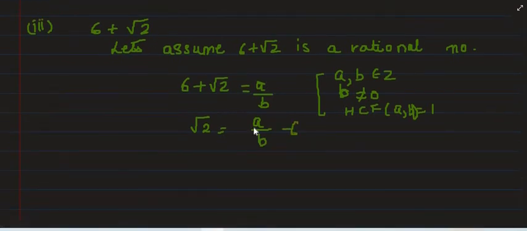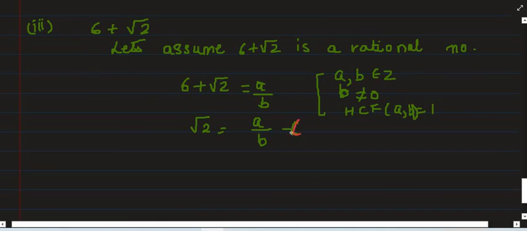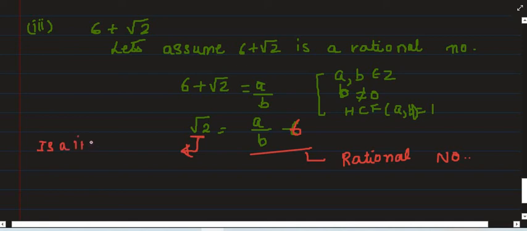So if we observe the right hand side, we can say that a by b minus 6 will be a rational number. Since a by b is a rational number, and if we subtract any rational number from it, we will get a rational number. And we already know that square root of 2 is an irrational number.